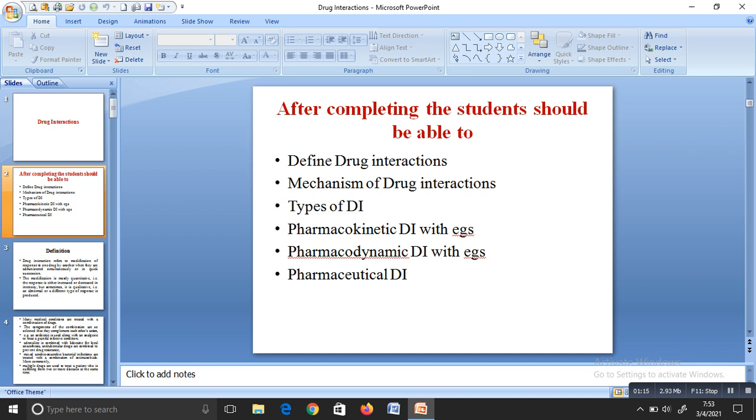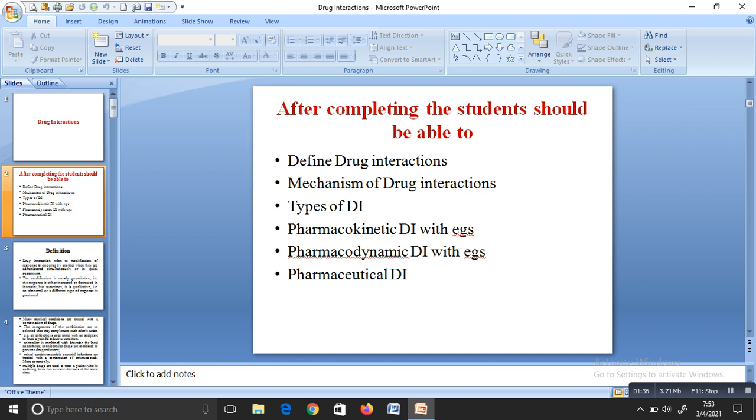Okay, so first let's start with the definition of drug interaction. What are you thinking about drug interaction? Simply, if you are taking two or more drugs together, one drug will be interacting with the other drug and modifying the response.